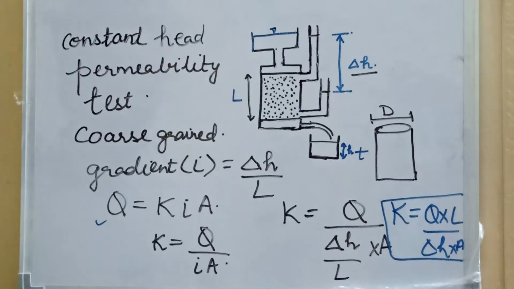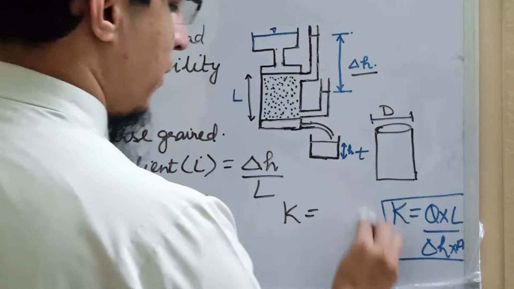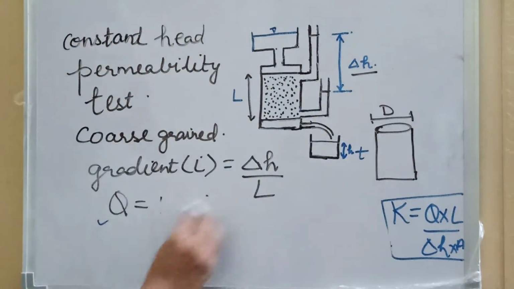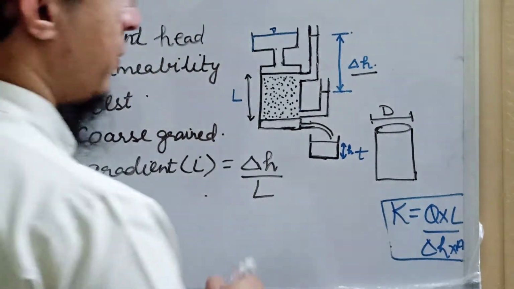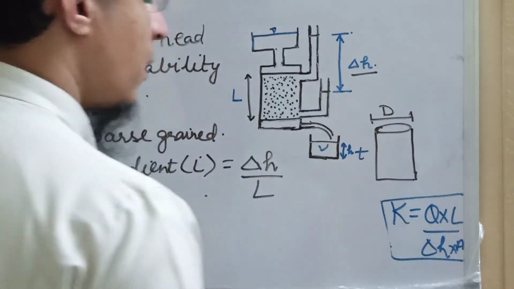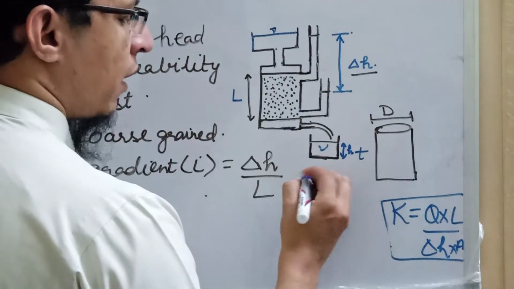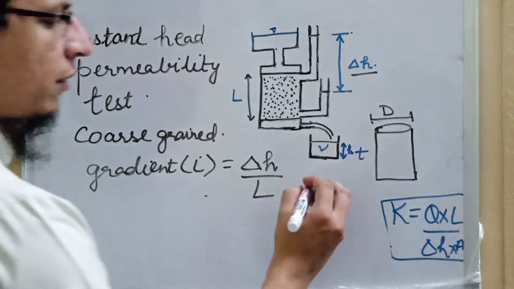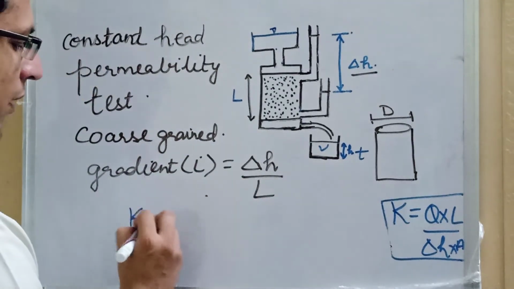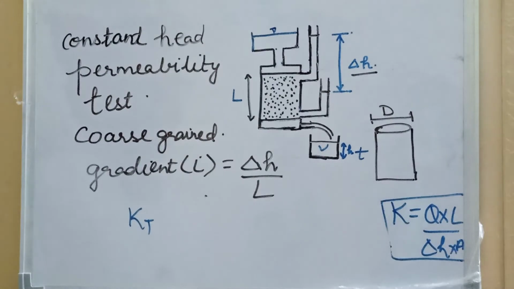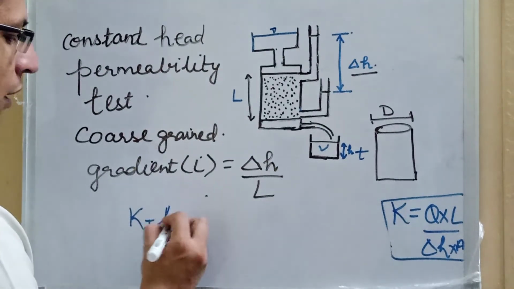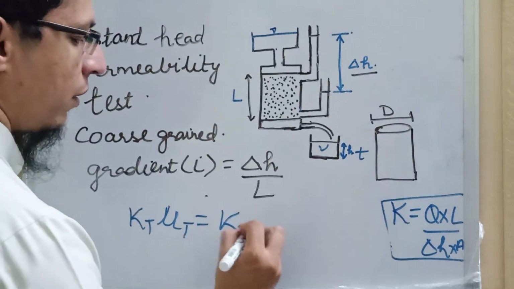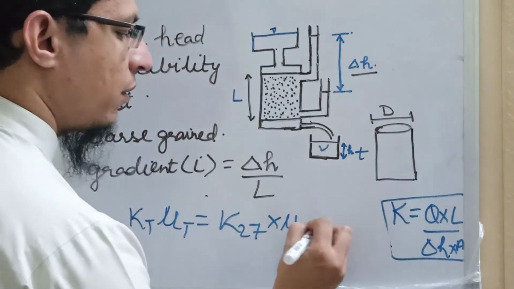Now this permeability is determined at any temperature, or the lab temperature. We measure the temperature of water here, and suppose we have measured this permeability at temperature T, so we can say this is KT. But according to Indian standard, we report the permeability of soil at 27 degrees Celsius. To find that at 27 degrees Celsius, we can simply use the relation KT into mu T is equal to K27 into mu 27.